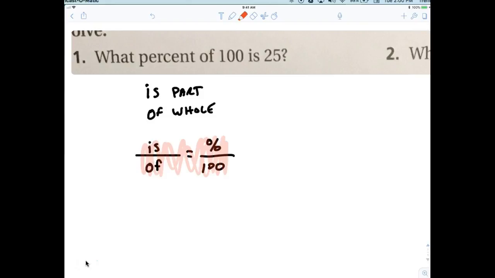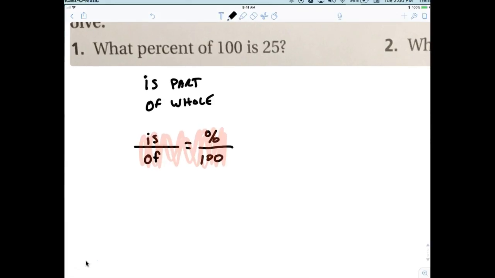So if I'm doing this problem, do I know what the percent is? No. So that's going to be n over 100 is what? 25 out of 100. Everybody with me on this?